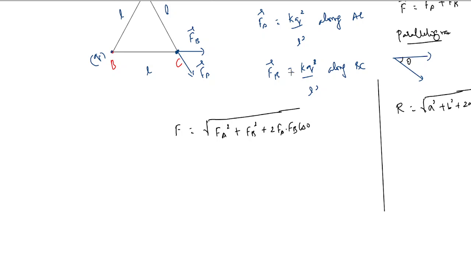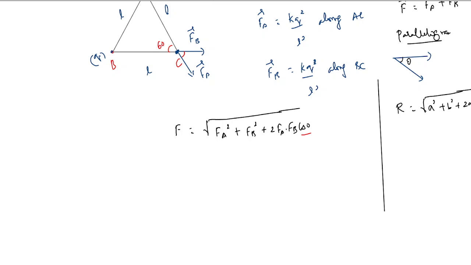Now remember here, Fa and Fb are the same in magnitude, and also what we write here is only the magnitudes of the forces. Now we should know what theta is. We know that the angle made here would be 60 degrees.